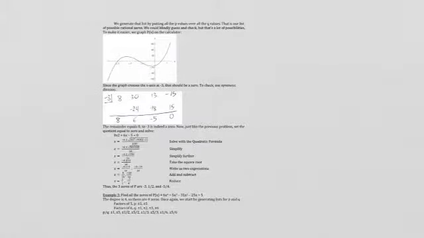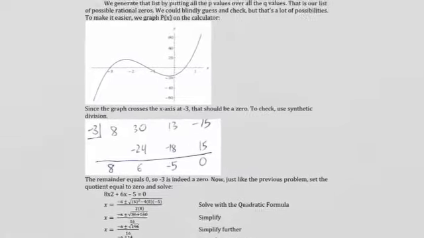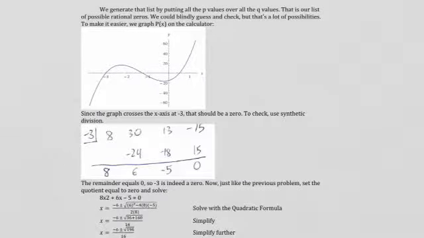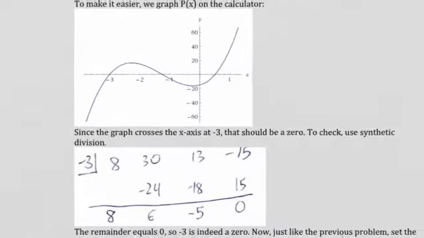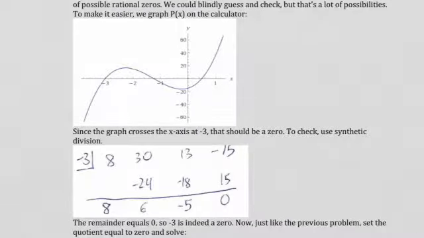Okay? Of course, that is long and tedious, so what I want to do is, using my calculator, graph my function and try to see if there is an easy zero that I can take from my graph. I can see right here on my calculator that P of x equals 0 when x equals -3.